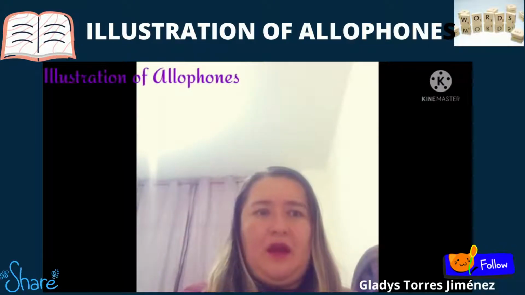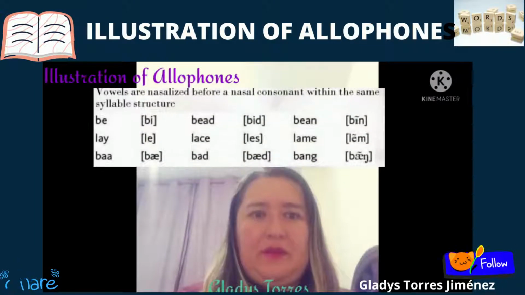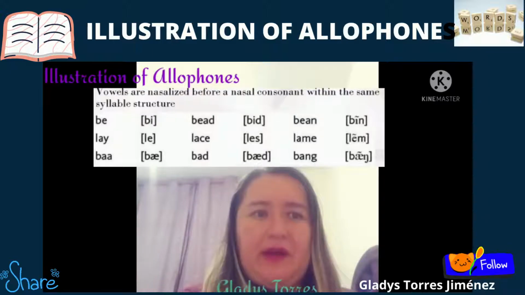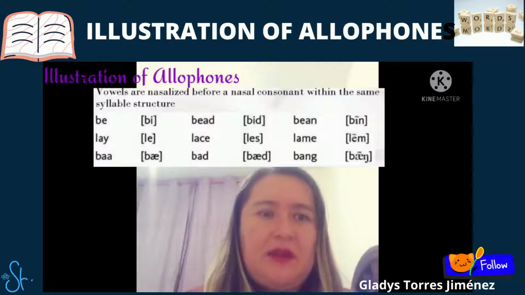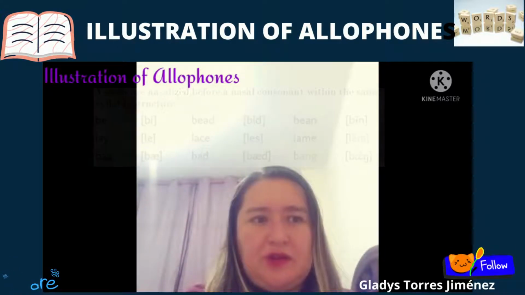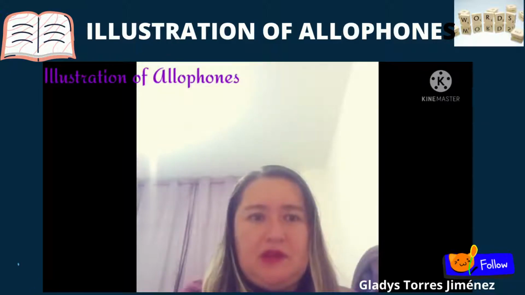English contains an allophonic rule that determines the context in which vowels are nasal. Vowels are nasalized before a nasal consonant within the same syllable. You can notice the nasalization when you pronounce these words.